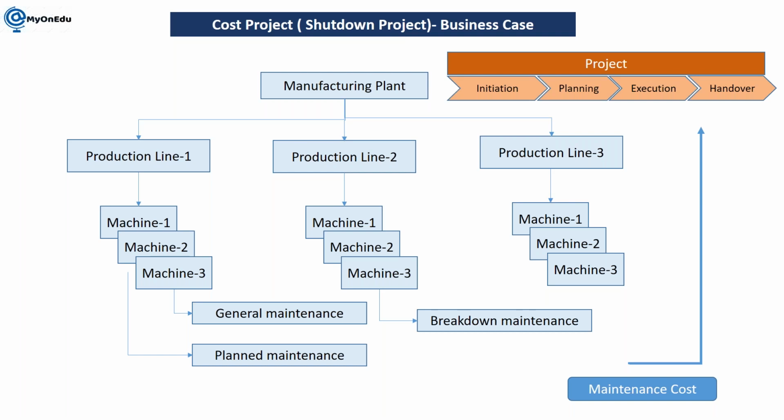Generally in manufacturing plants, we do maintenance. This maintenance we do daily based on requirement. Let's say if any breakdown has happened, or any normal general maintenance is required on a particular machine, in that case we do this maintenance regularly.